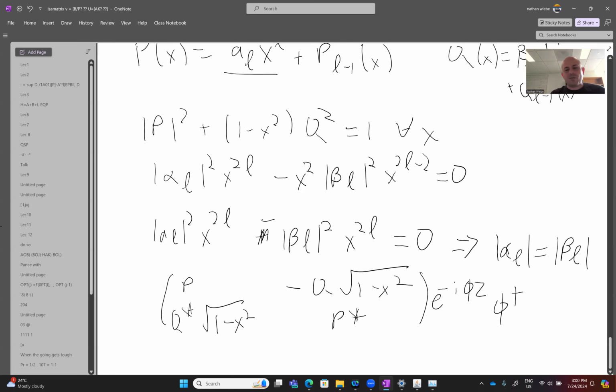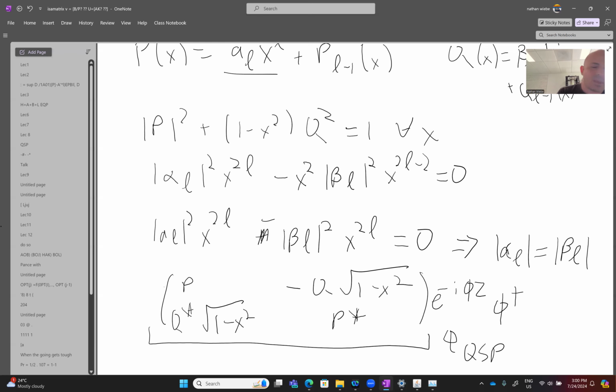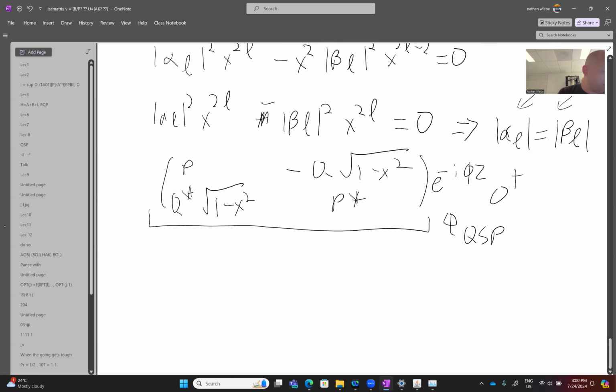Now, this is the QSP sequence that we've got. It's like the previous stuff, and we're just trying to unpeel this one layer at a time. So I want to show that using these properties of the coefficients, by putting in the next inverse, and that's not phi, this is O over here, we can peel the degree of P down by 1 in order to build the right sequence.